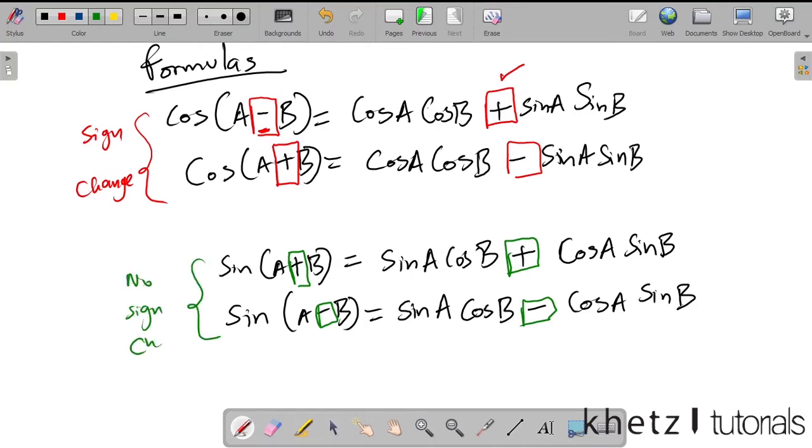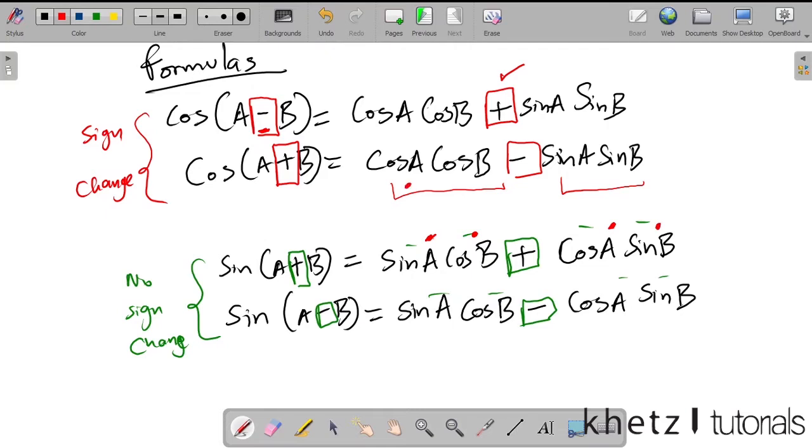And you'll notice that for sine, you have sine cosine, cosine sine, instead of having cosine, cosine, and sine, sine. So they differ in that one has the sine of one angle and the cosine of the other angle, added to the cosine of the first angle multiplied by the sine of the other angle.